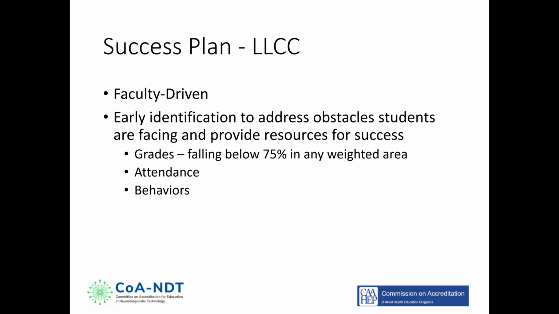If not, then they don't pass the course. That's one of our ways to ensure that somebody's not just blowing off their assignments, because they're obviously important as a whole. We use that as one of our early indicators also. If someone's not doing a couple of the assignments, maybe because they're only worth 10% of their grade, we'll do a success plan, because now they've fallen below 75% in assignments.